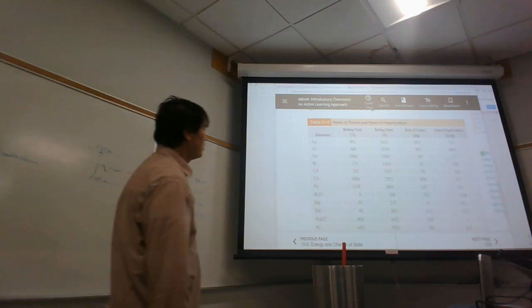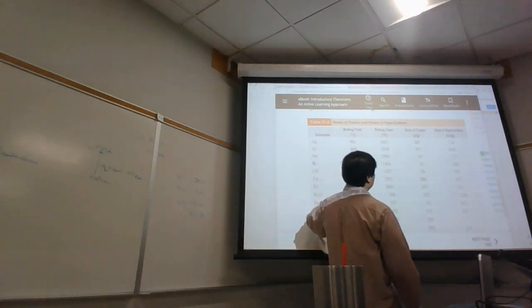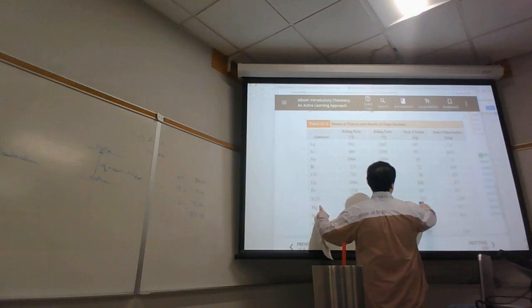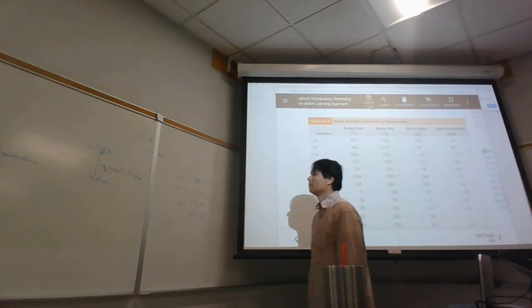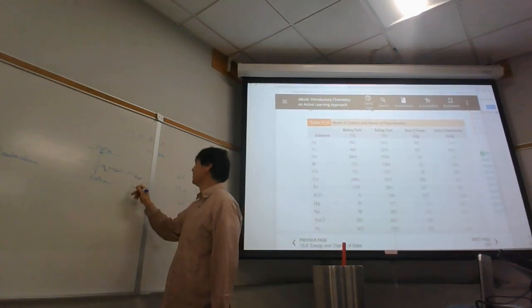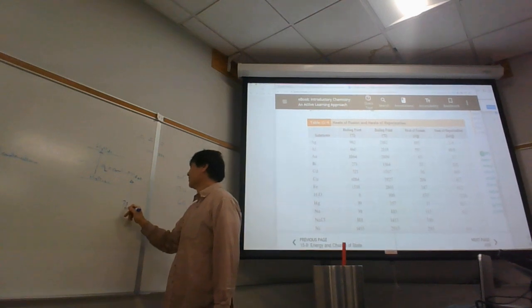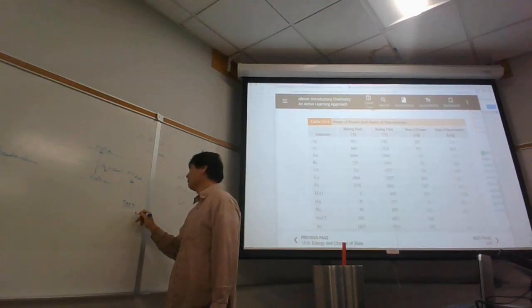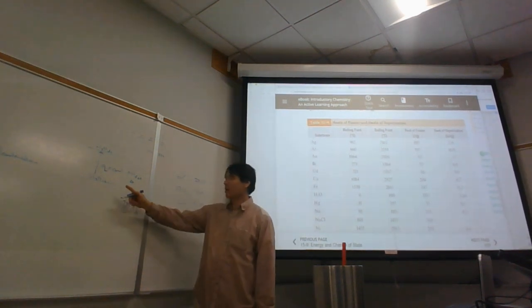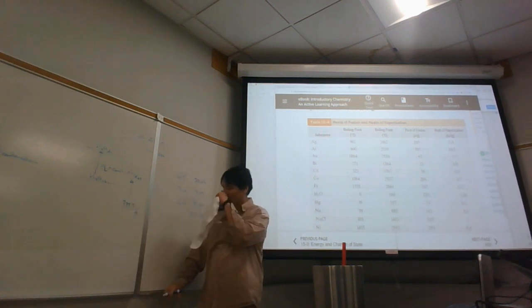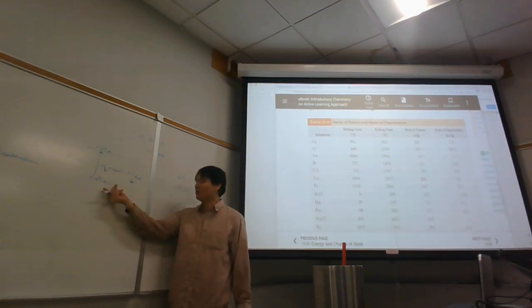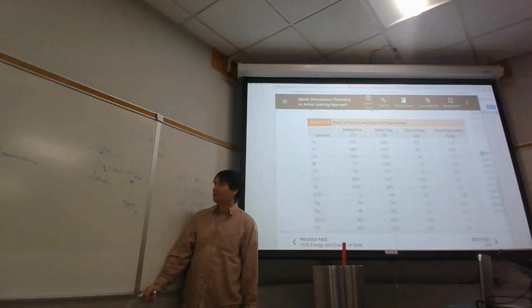Okay, so we can look up delta H of fusion for water. Delta H of fusion is 333 joules per gram. So it's going to depend on how many grams of water we're trying to melt. If we just need to melt 1 gram of water, the amount of heat is going to be 333 joules. 2 grams of water will be double, and 3 grams of water triple.